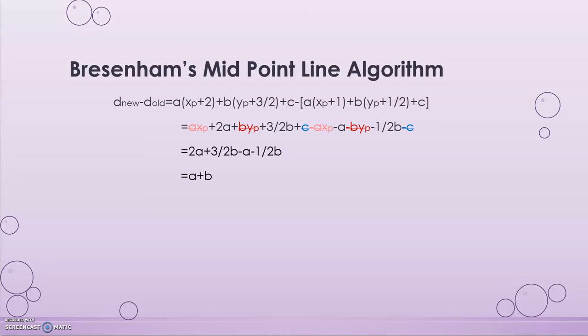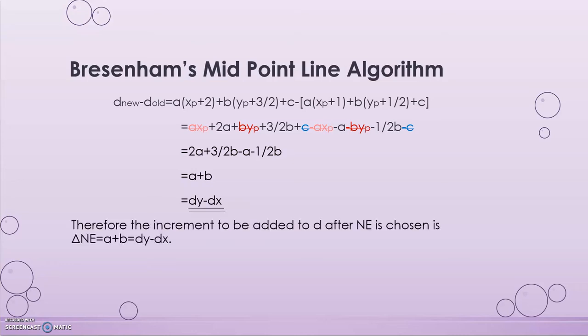So 2a minus a is a, and 3/2 b minus half b is b. We get the answer a plus b, that is dy minus dx. Therefore, the increment to be added to d after the northeast pixel is chosen is delta NE equals a plus b, which equals dy minus dx.